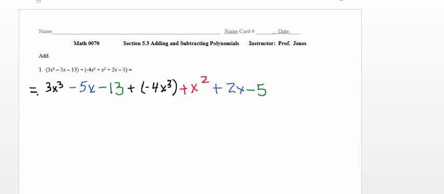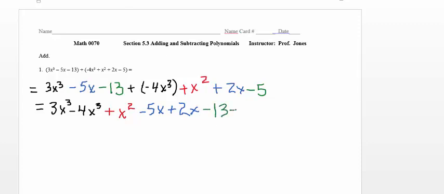Okay, so now we're going to rearrange the terms so that like terms are side by side.